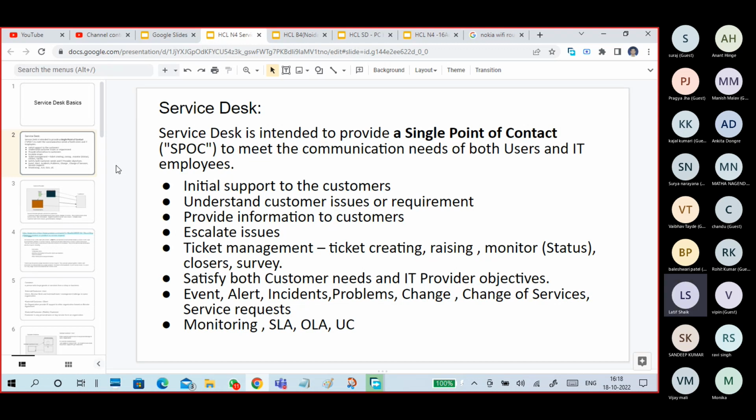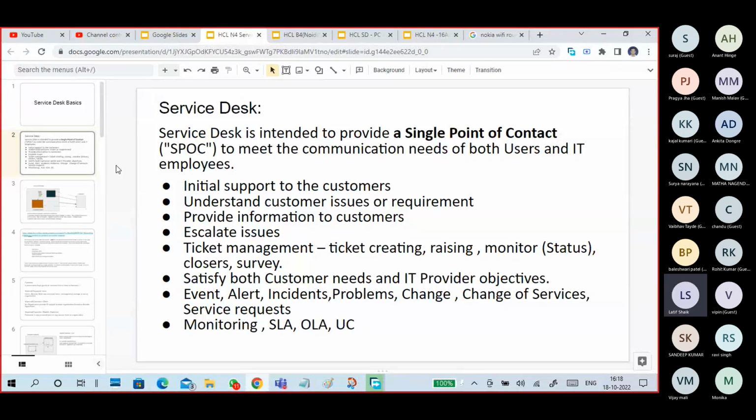You get a proper response. If they start with "Hello sir, thank you for calling" and all that extra talk, it also irritates. So go point to point: what is your problem, notification of that problem, when it will be resolved, and what steps you need to take. They can guide the customer to resolve the problem, or tell the customer they will send a person to solve it.